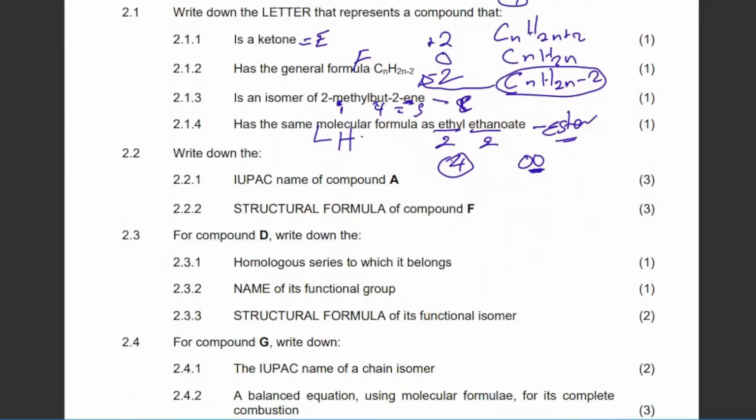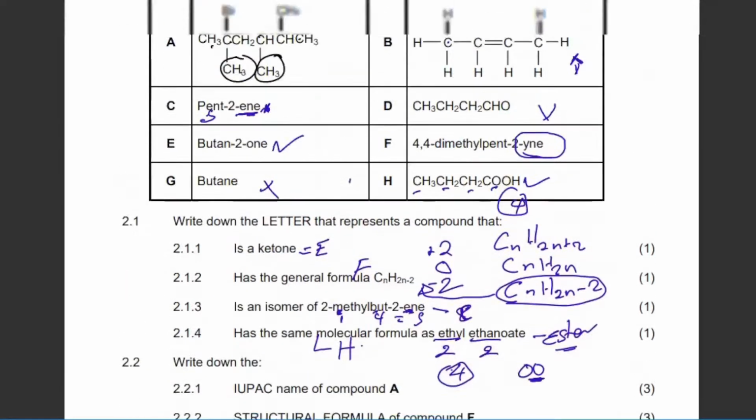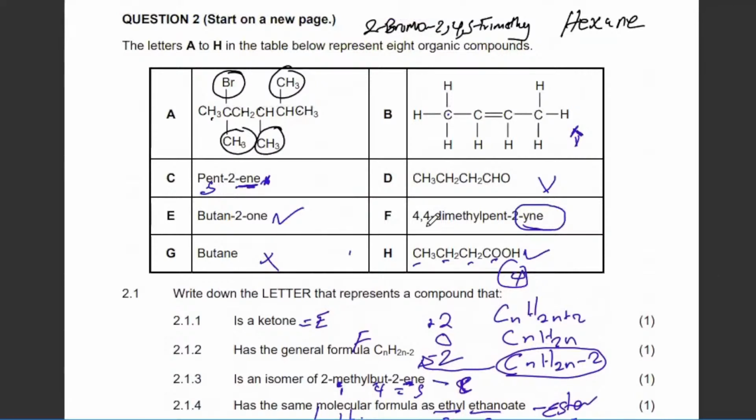Then they're saying compound D, structural formula for F. What is the structural formula for F? So we go back here and look for it. Members, make sure that you write the structural formula.